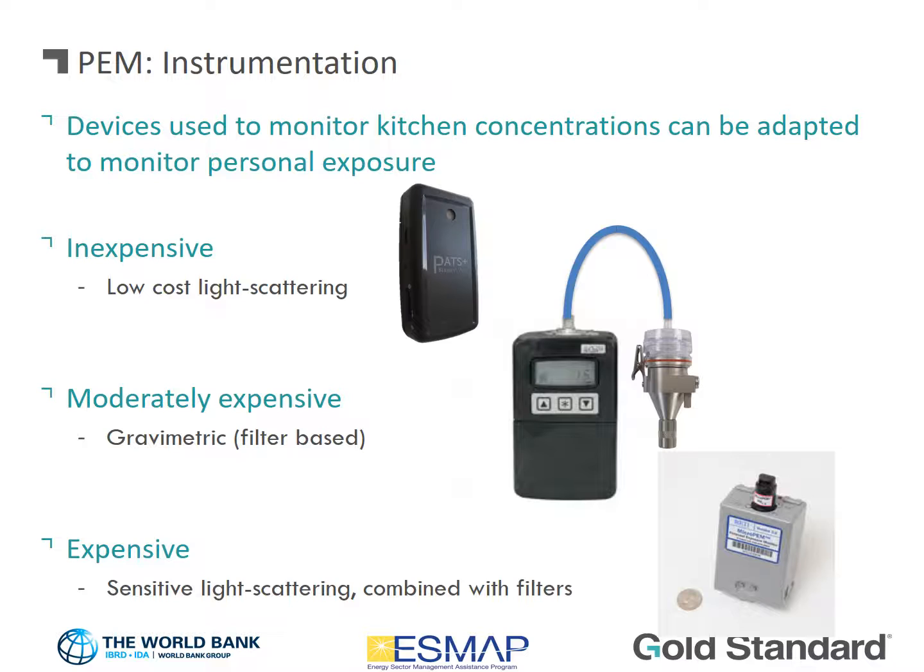A mid-range instrument would be shown here, the gravimetric pump and filter system, which is a SKC pump with SKC cyclone. And then on the more expensive side is something shown here, like the RTI's microPEMs, which has both a light scattering sensor as well as an internal pump and filter and cyclone type system.